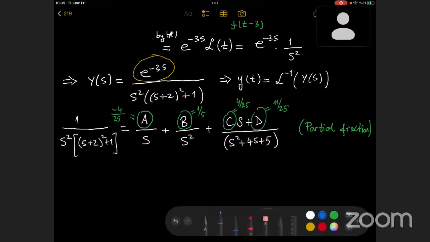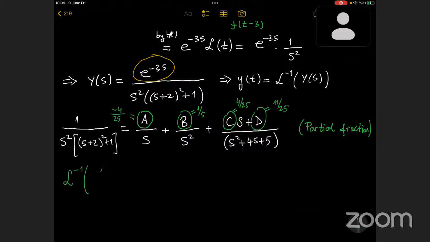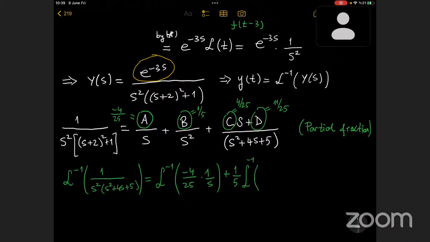So the inverse Laplace of 1 over s square plus 4s plus 5 is the inverse Laplace of minus 4 over 25 times 1 over s plus, well, maybe we can take this constant out, 1 over 5, the inverse Laplace of 1 over s square.